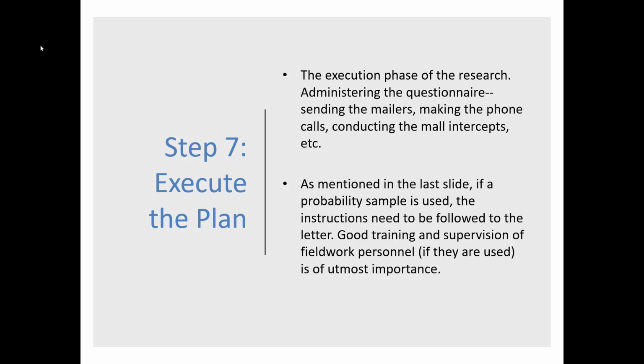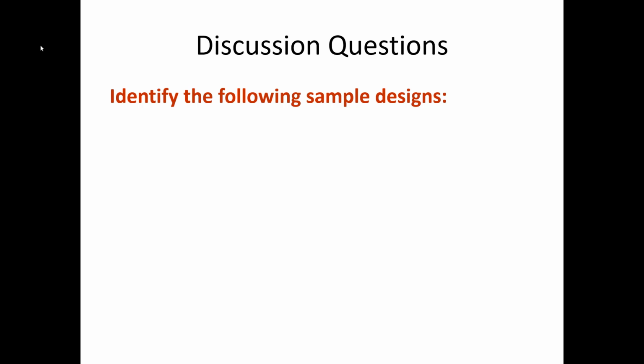And again, talk about the field work. If a probability sample is required or used, you really need to make sure that the field workers carry out the instructions precisely. Many times you probably need to do some training, and also supervise the field work personnel. Okay, all right. So that's 7 different steps.